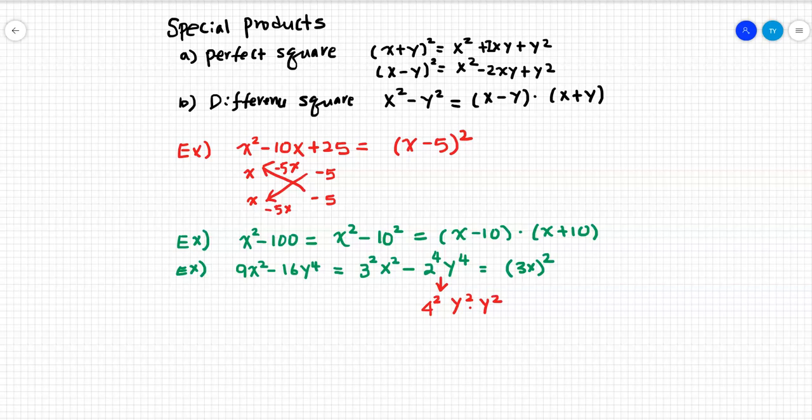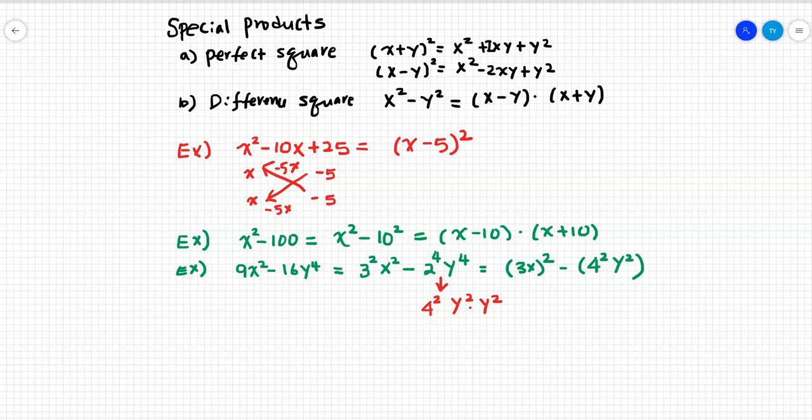So that means we can now rewrite this as what? 4 squared y squared, right? And y to the fourth, right? Oh, sorry about that.